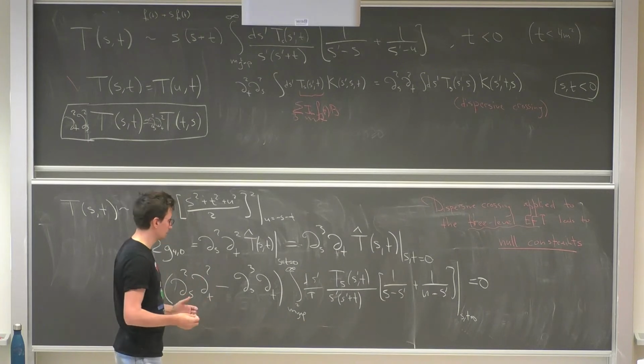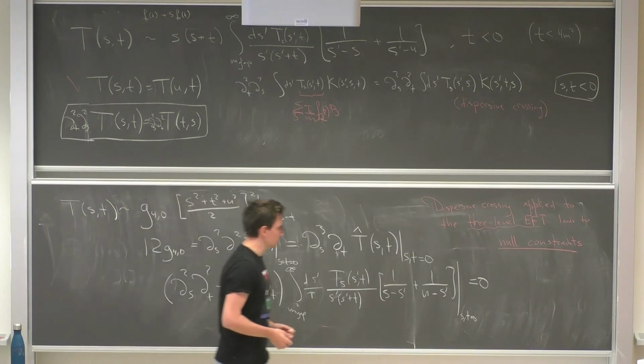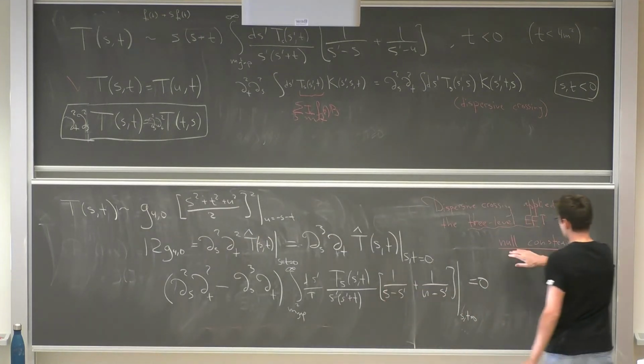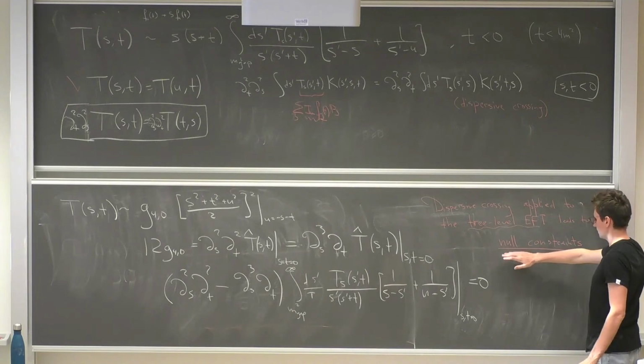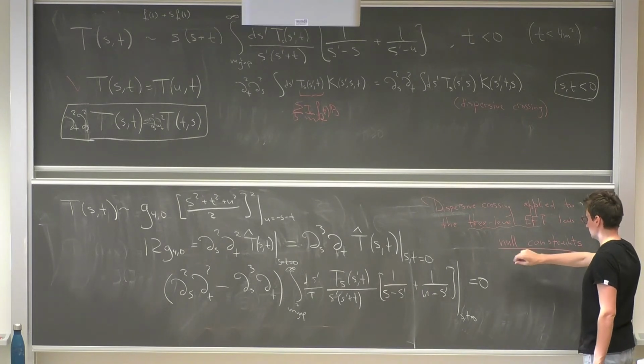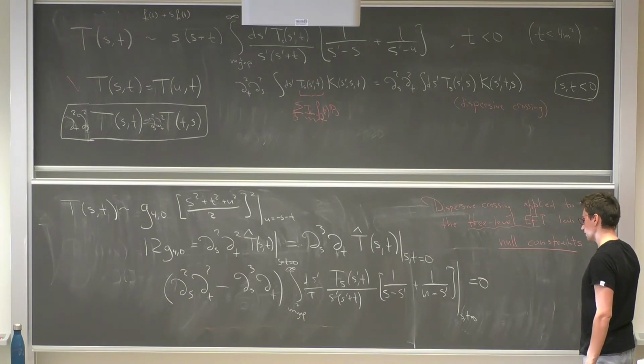What do you get? Well, one way people formulate it, this is due to this paper by Simon Caron-Huot and Vincent Van Duong last year, and Andrew Tolley and his collaborators, whom I don't remember.